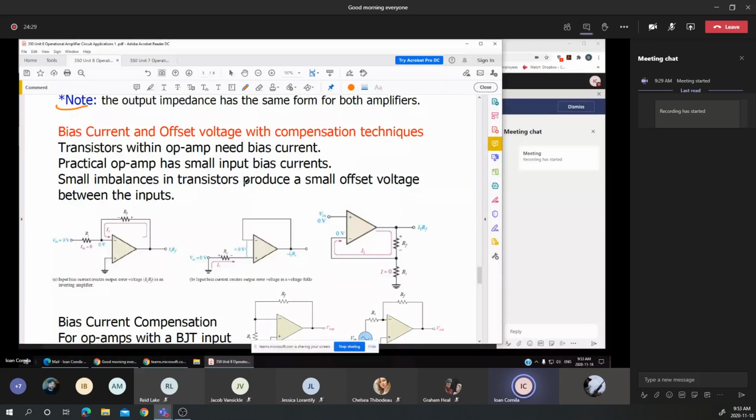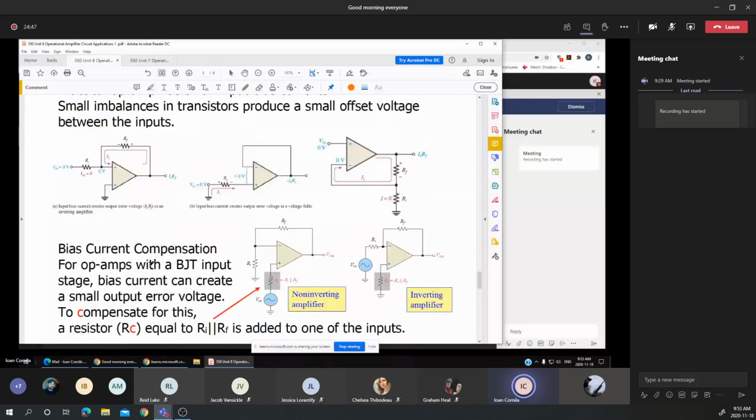Most of the time we discussed the zero output voltage if the two inputs are connected to ground, or one of the two inputs is grounded. In this first circuit, that's the inverting amplifier.